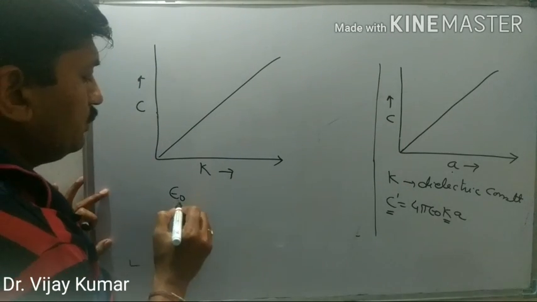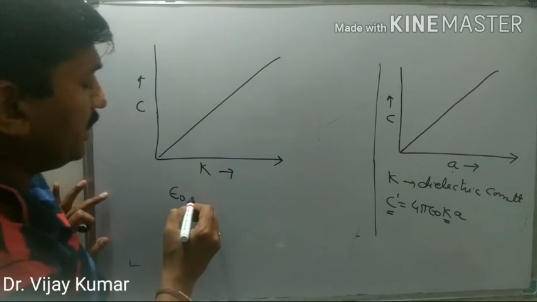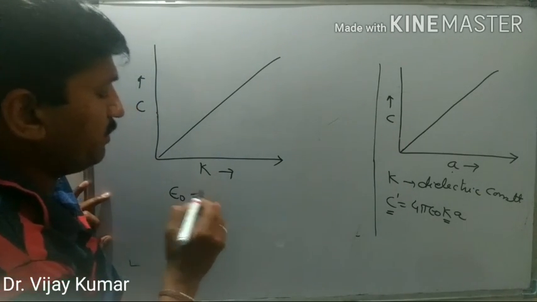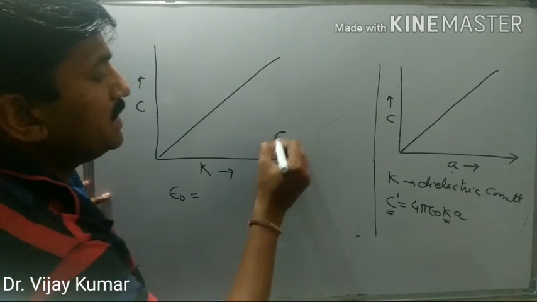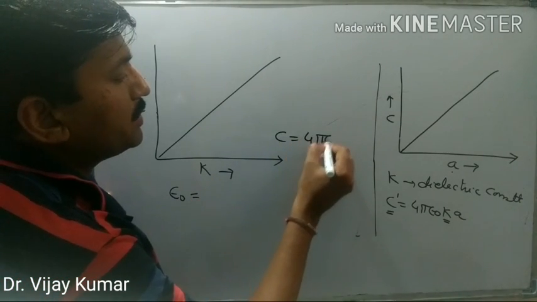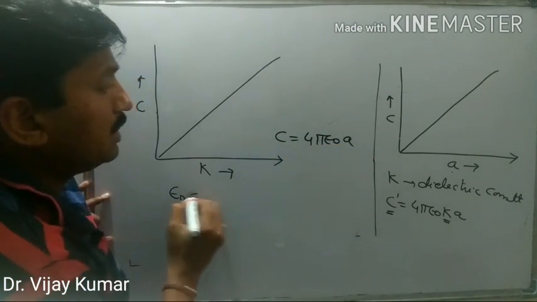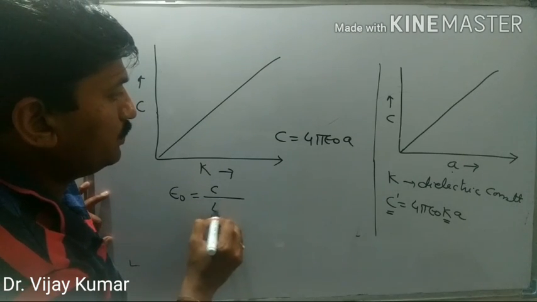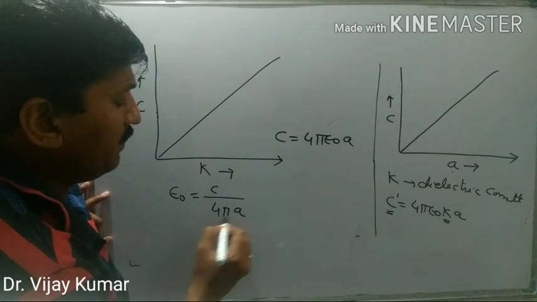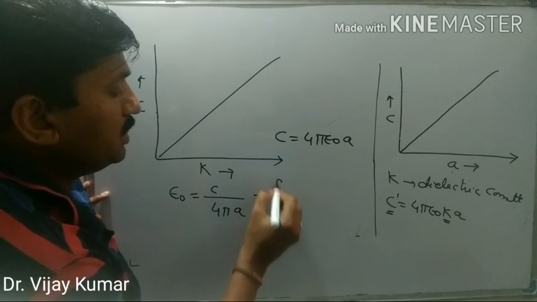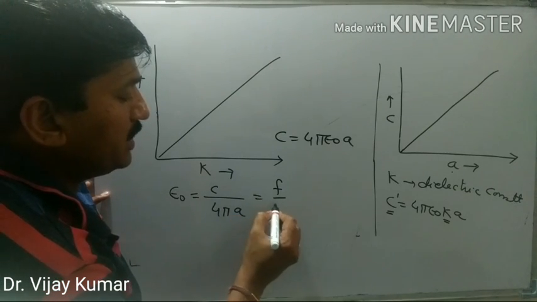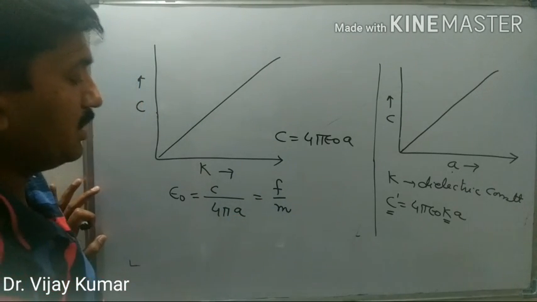From this formula we can also determine the new unit of permittivity, and we know that C is equal to 4 pi epsilon naught a, and epsilon naught should be C upon 4 pi a. Unit of C is farad and unit of a is meter, so farad per meter.